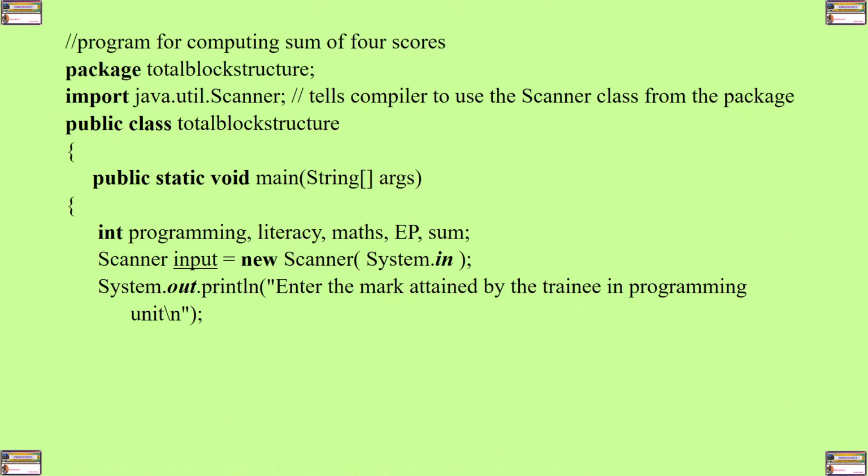So this statement is simply for displaying the message on the screen. Next is to read the value that has been entered, and we read it using the function nextInt.